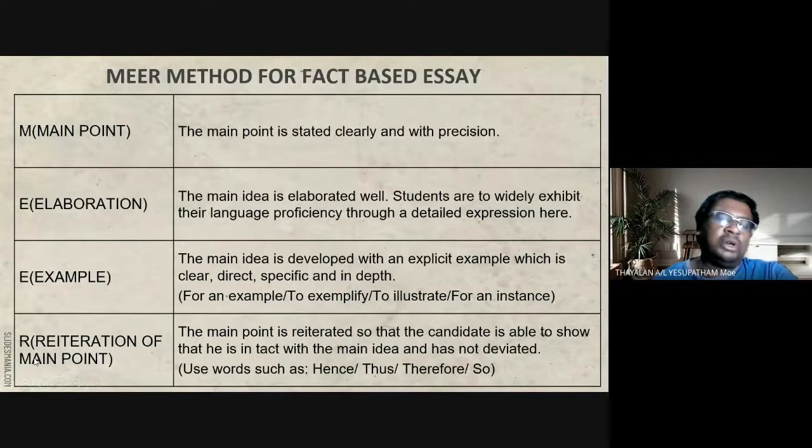And then we move on to a reiteration of main point, penegasan isi utama, as we discussed yesterday, whereby the main point is reiterated so that the candidate is able to show that he is intact with the main idea and has not deviated. So you can use words such as hence, thus, therefore, so.